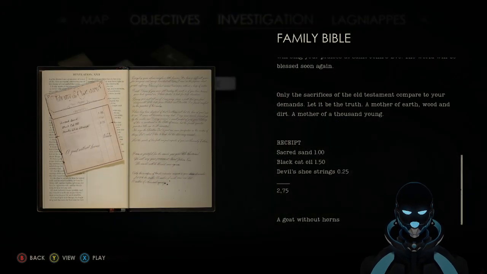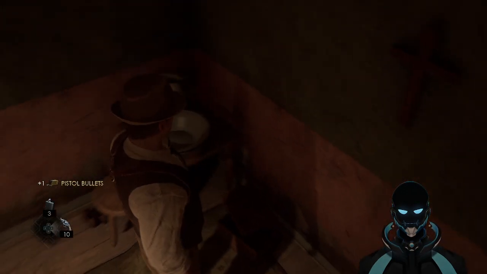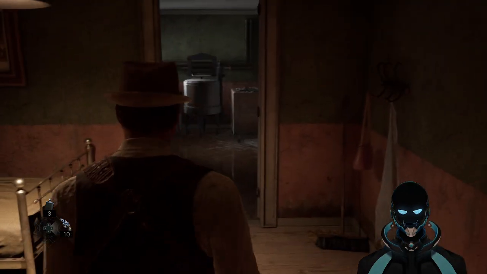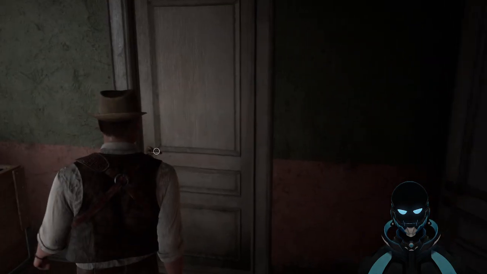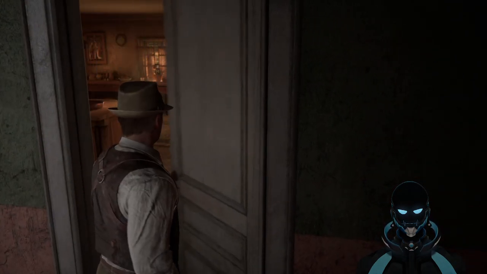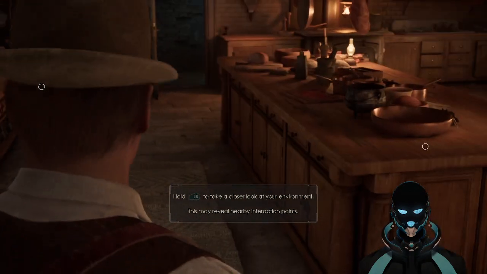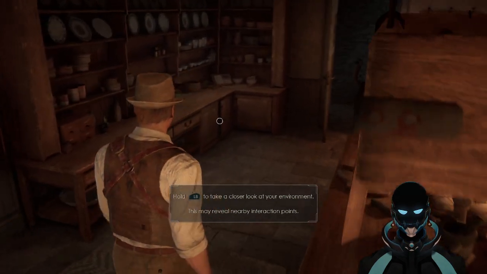Interesting. I like their use of narrative reading of the books. Why, yes, I will take the random 1 bullet in this room. Oh. Well, that's cool.